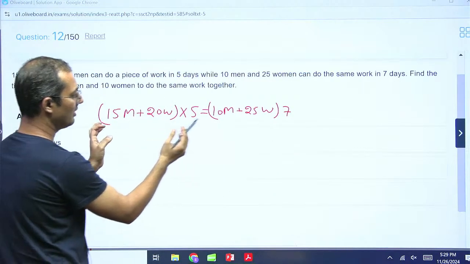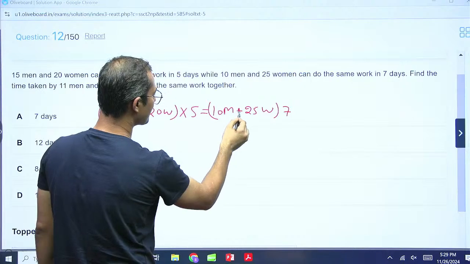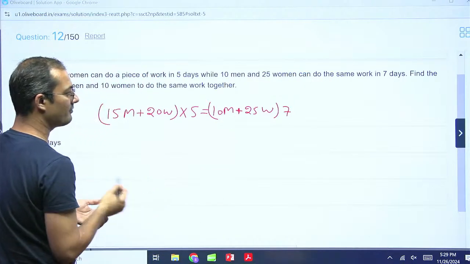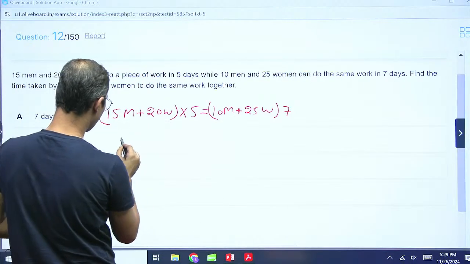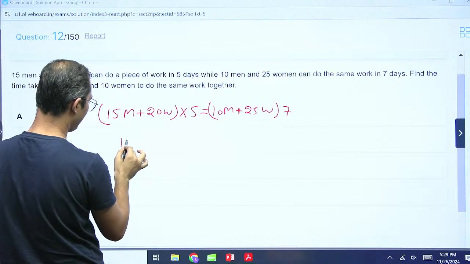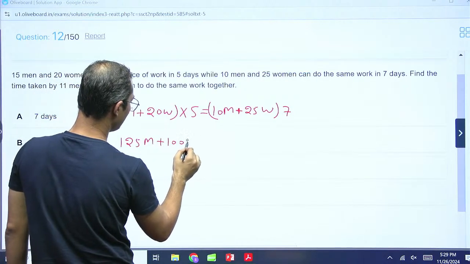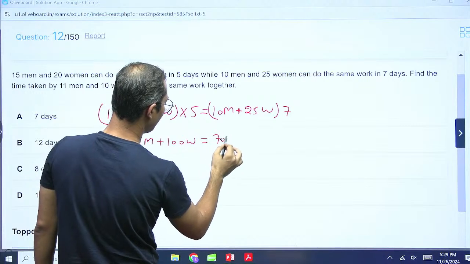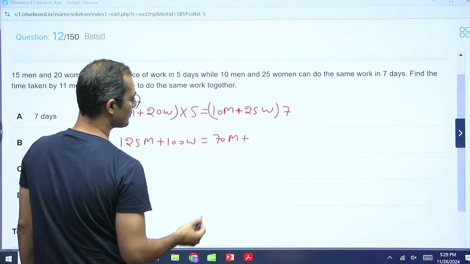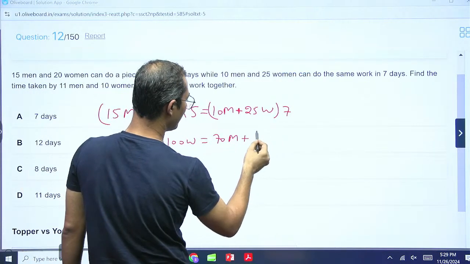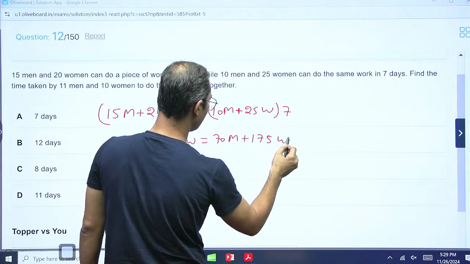With this, just putting equal, we will get the ratio of efficiency of men and women. So just multiply: 15 into 5, 75M plus 100W would be equal to 10M plus 25 into 7, so 175W.